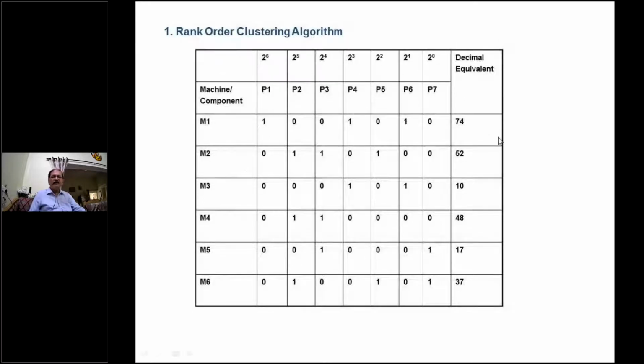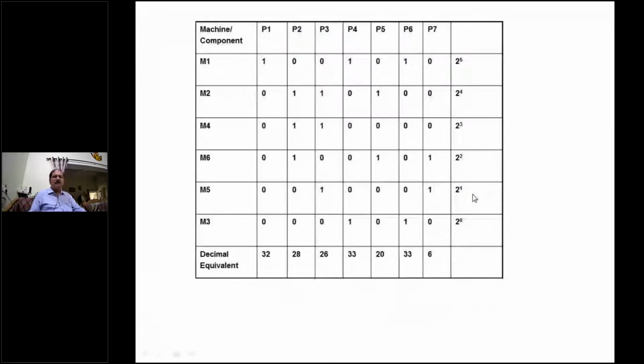First the M1 row will come, then the M2 row, then the M4 row, then the M6 row, then the M5 row, then the M3 row. So you see M1, M2, M4, M6, M5, M3 is written like this.